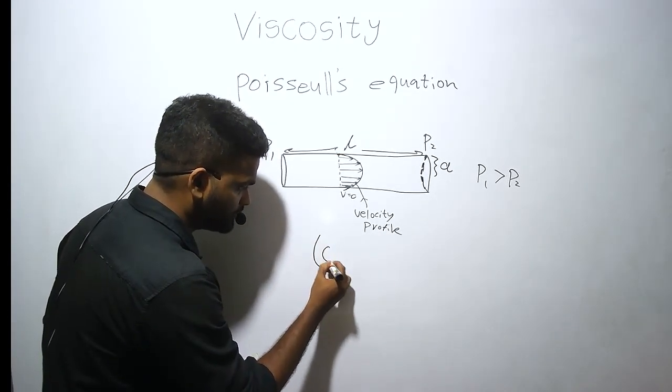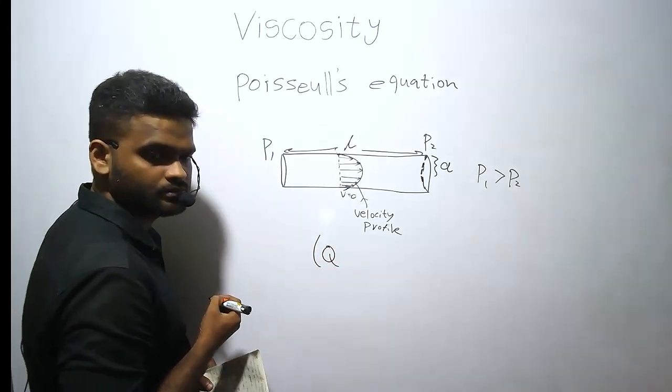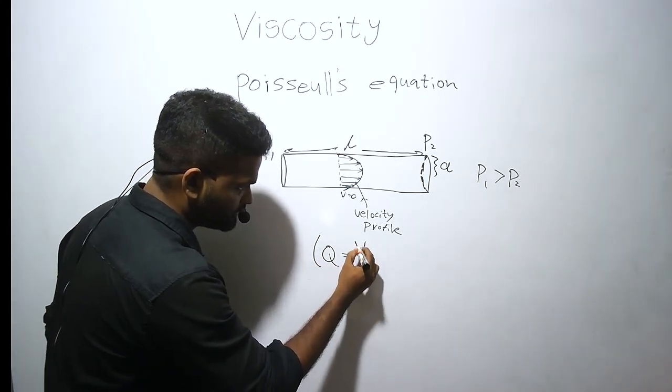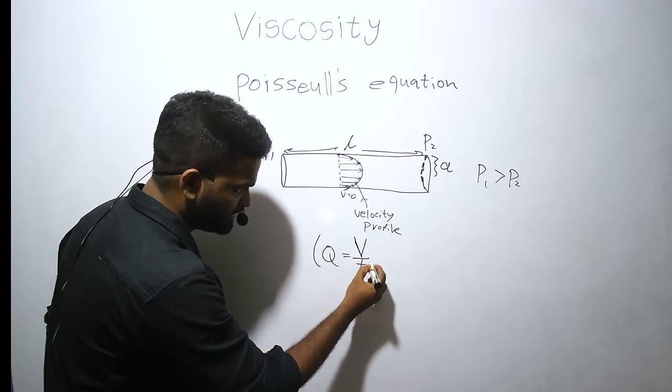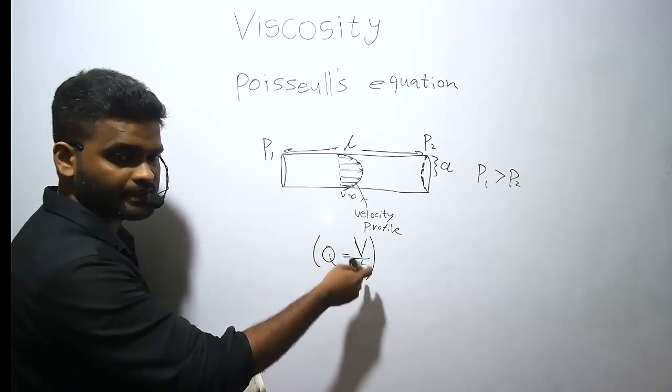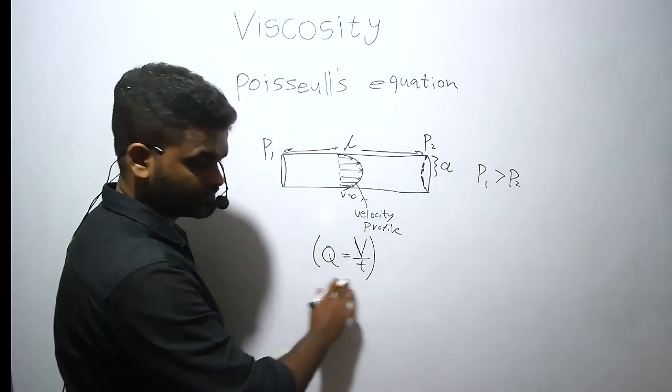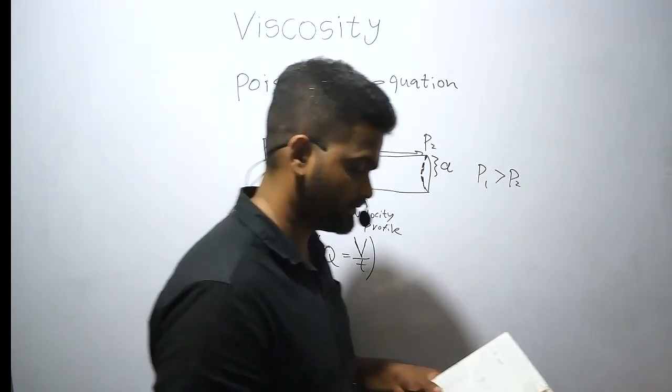Within brackets, we call that Q. This is not velocity, this is volume. Volume divided by time, that is the volume flow rate.